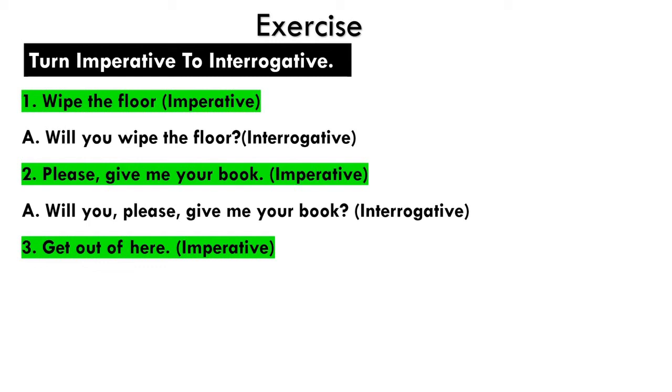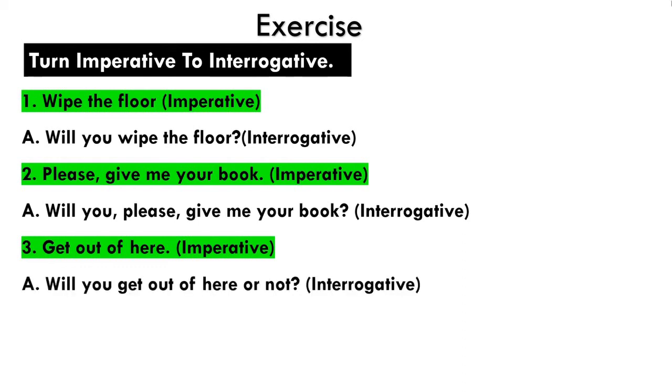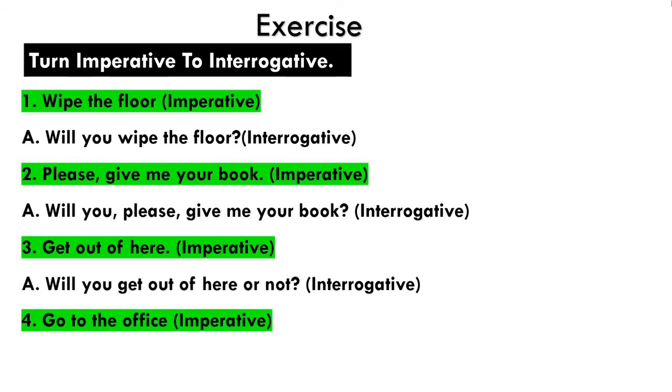Whenever we have to give a threat, we add "or not" in the interrogative. So we will say "Will you get out of here or not?" When we add "or not", it becomes a threatening sentence. "Go to the office" will become "Will you go to the office?" This way it's very simple to turn imperative to interrogative.